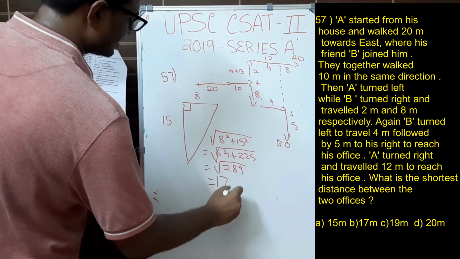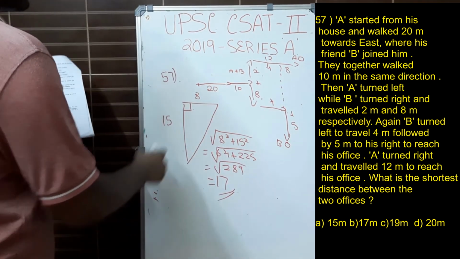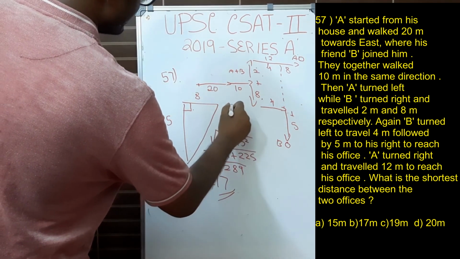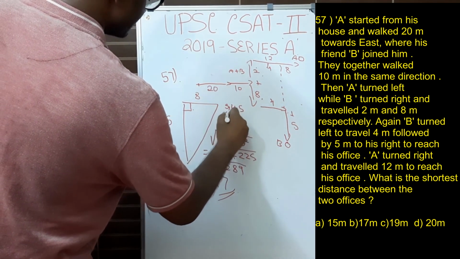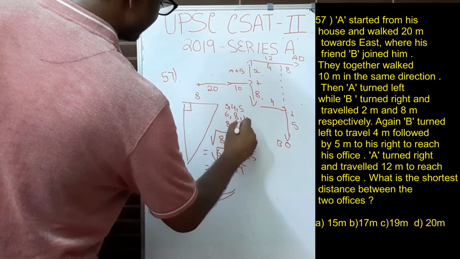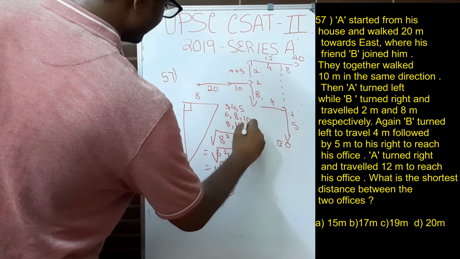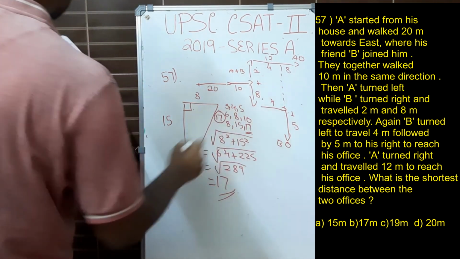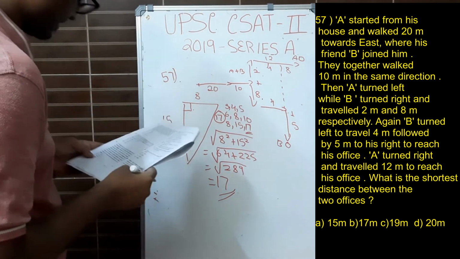In fact, you should not be doing this calculation. You should already know some Pythagoras triplets, like 3, 4 and 5 come in a combination, 6, 8 and 10 come in a combination, 8, 15 and 17 come in a combination. Here we have 8 and 15, so 17. So this distance would be 17 meters, which we have in option B.